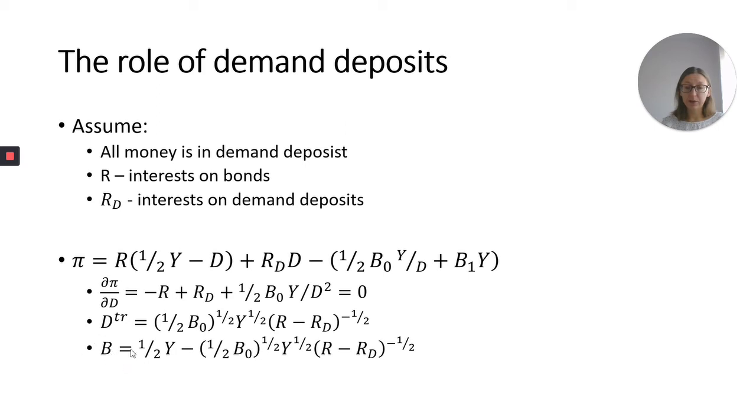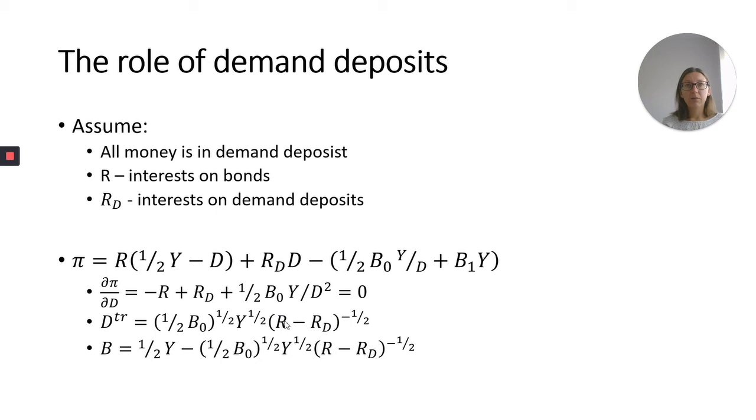And substituting that, we can also calculate the optimal bonds value that we would have. Putting it back into the profit function, or making a deeper analysis of what we found, you see the difference between the transactions demand for demand deposits and the transactions demand for cash, or for money, is only here, in this interest rate variable.